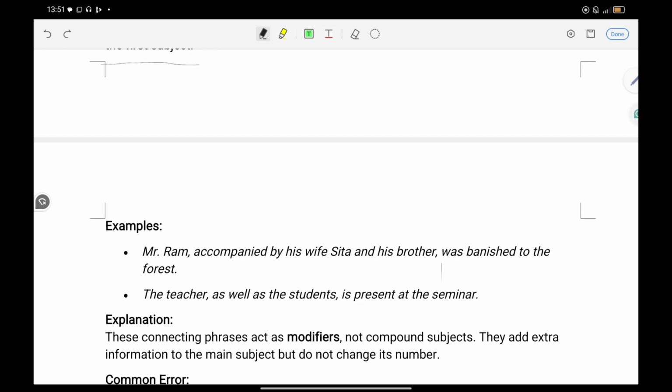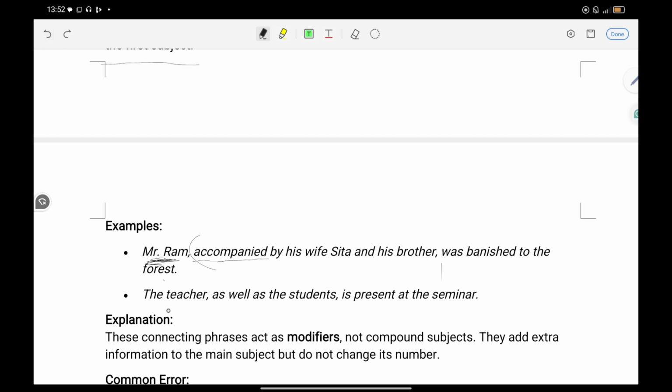It's because when you have an appositive connecting subjects, the verb agrees with just the first subject, Mr. Ram, and Mr. Ram is one person. So it's Mr. Ram was banished to the forest. He was accompanied by his wife and his brother, but he was the one banished to the forest.